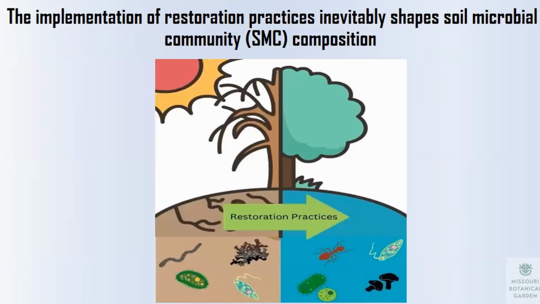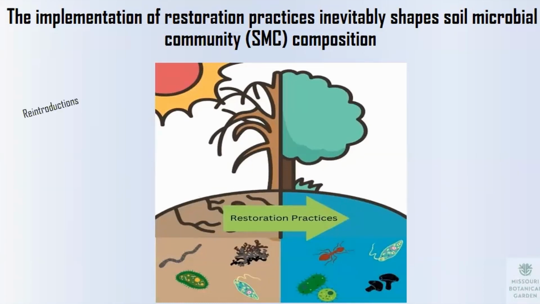Unfortunately, restoration management practices can also impact the soil microbial community composition. Things like reintroductions, soil inoculation, where you're adding either commercial or remnant soil to a site, thinning of invasives or even native plants, and prescribed burning can all cause shifts in the soil microbial communities.